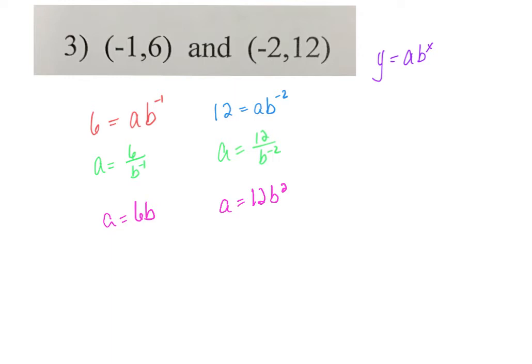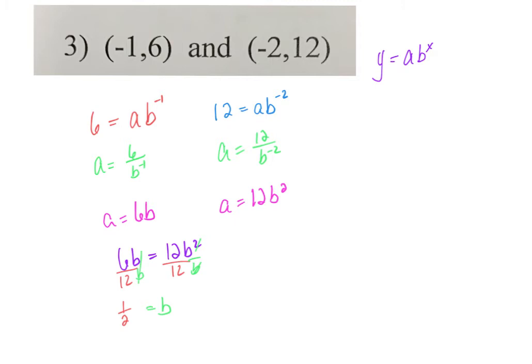Yes? And so if I'm solving here, I could set those equal to each other. 6b equals 12b squared, right? And then how do I solve that? Divide by 12, divide by 6, or b squared. So you could divide by 12, divide by b, and that's going to be 1/2. So b equals 1/2, right?